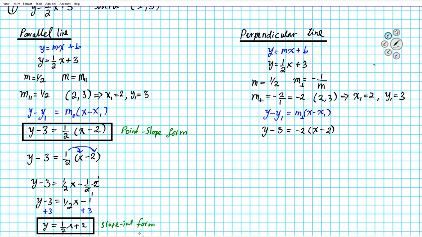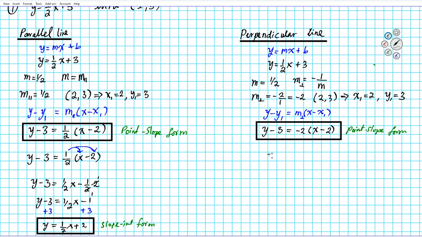This, ladies and gentlemen, is the equation of a line perpendicular to the original line and going through the point 2, 3. This is point-slope form, and next we can do slope-intercept form, where we just get y by itself.